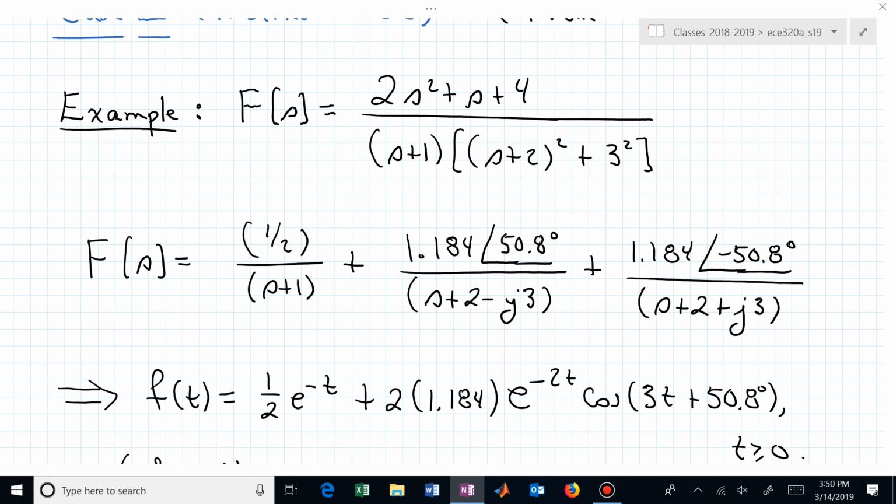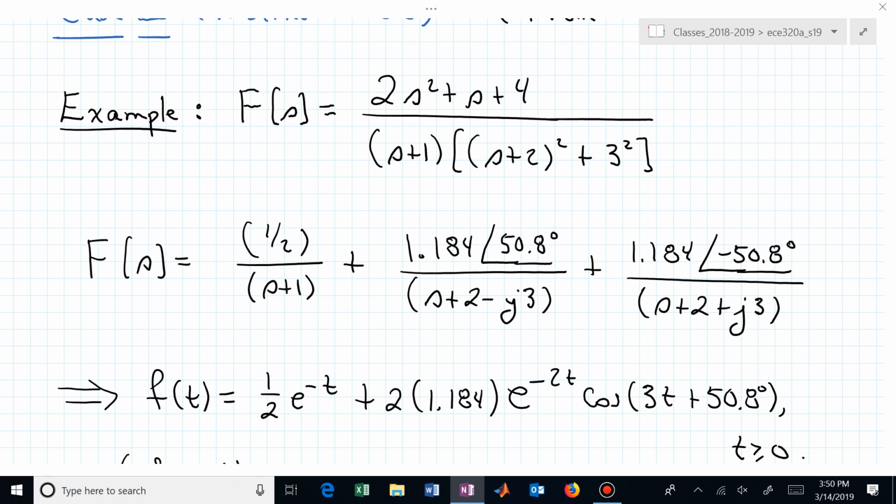The omega, how far away it is, its imaginary component, 3, is what it's shaking with, cosine of 3t, and then the phase shift comes from the angle associated with a sub 2.